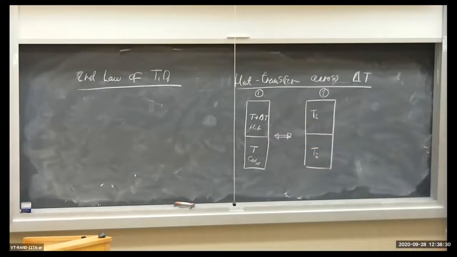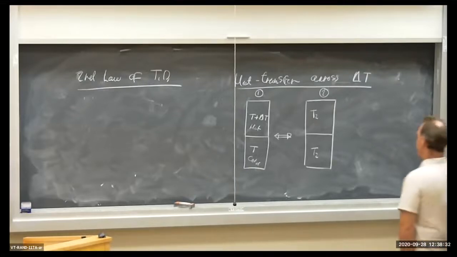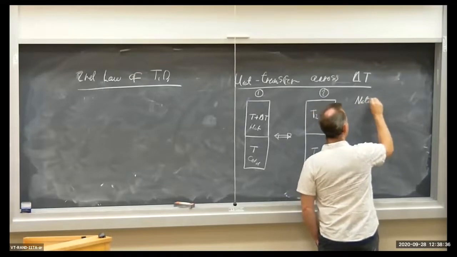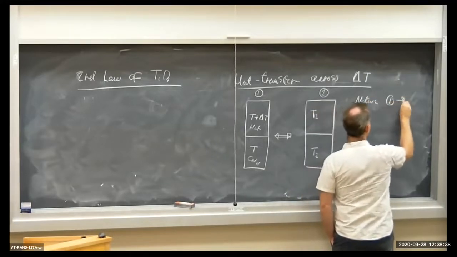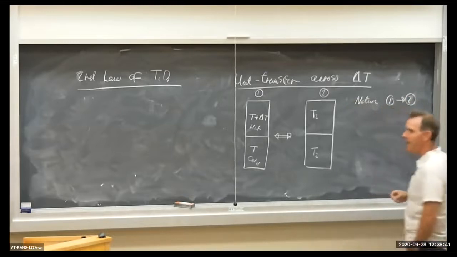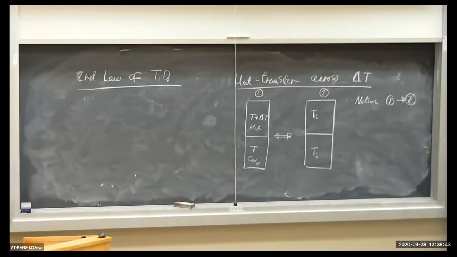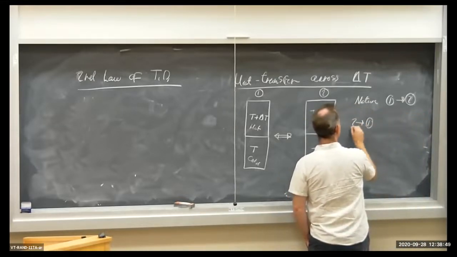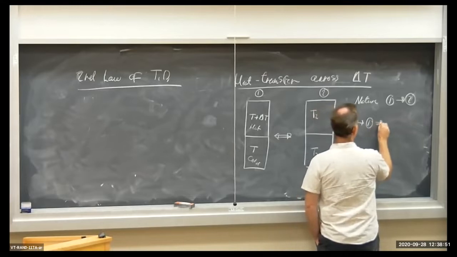That's magic. So in nature, we've always seen this process go from state 1 to state 2, never the other way around. To go from 2 to 1, well, that's magic.